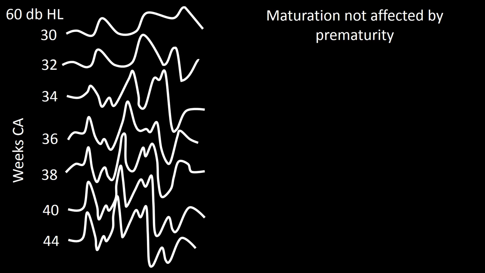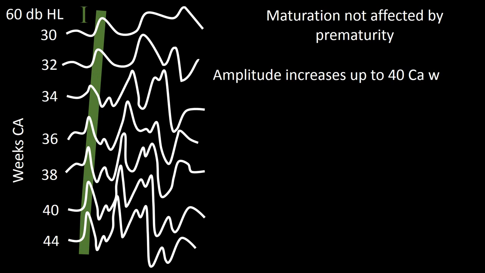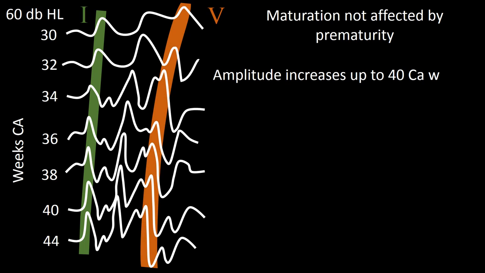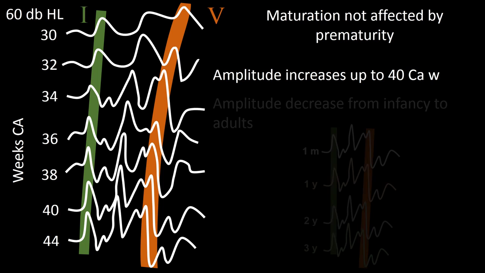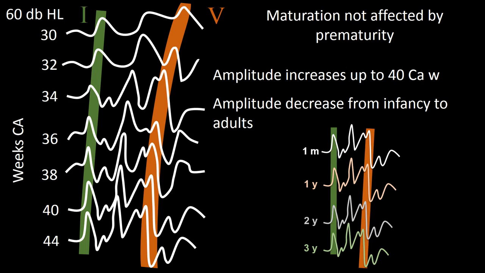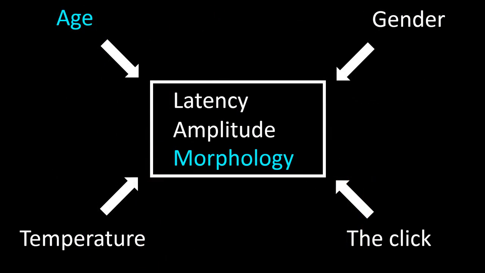This, as you recall, are the presentation of the wave obtained during different conceptual ages. The amplitude of wave 1 increases during preterm life, and so does the amplitude of wave 5. Yet, after 1 month of life, the amplitude of all waves begins to drop.